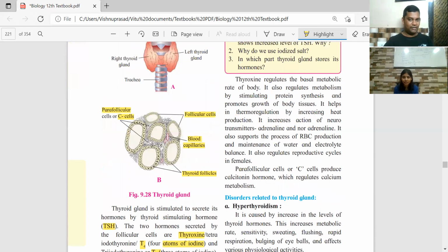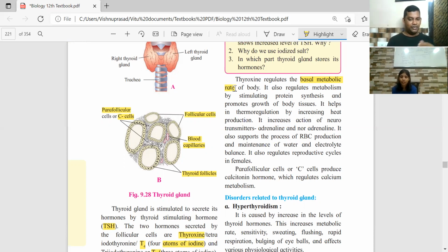Talking about thyroxine, this hormone is significant because it regulates BMR, the basal metabolic rate. What is basal metabolic rate? It means how our body is able to carry out its metabolism, the internal health of the body.